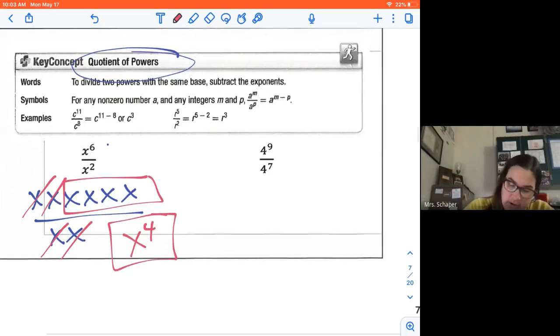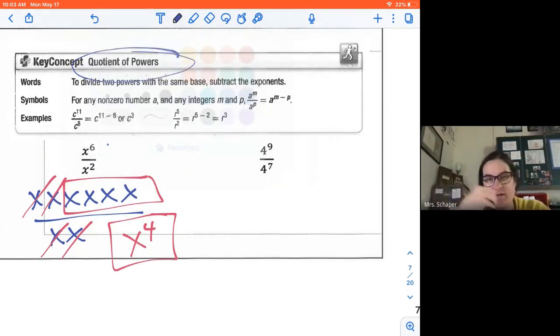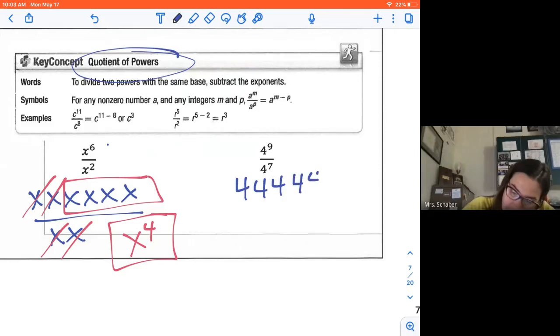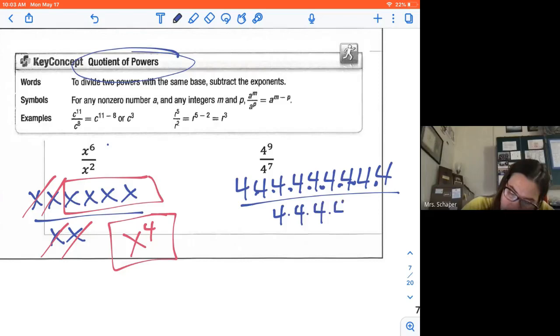Let's look at the fraction in this next problem. 4 to the 9th over 4 to the 7th. So 1, 2, 3, 4, 5, 6, 7, 8, 9 over 1, 2, 3, 4, 5, 6, 7.